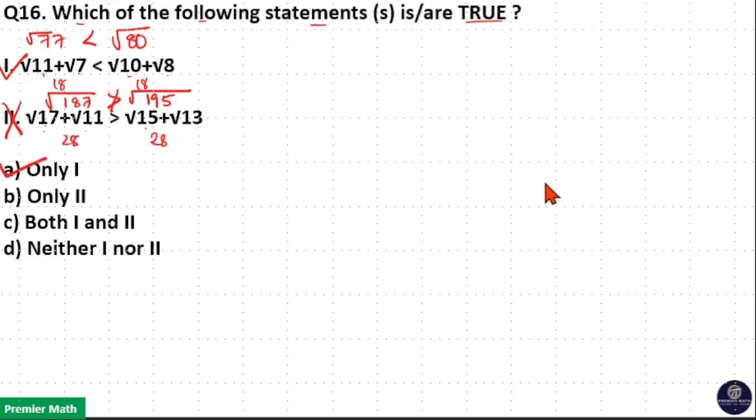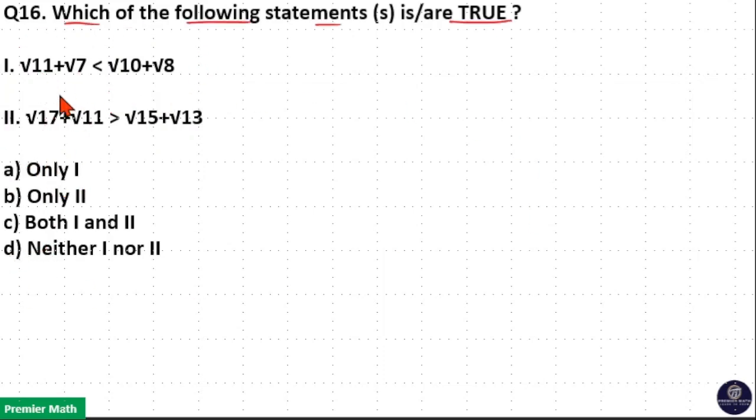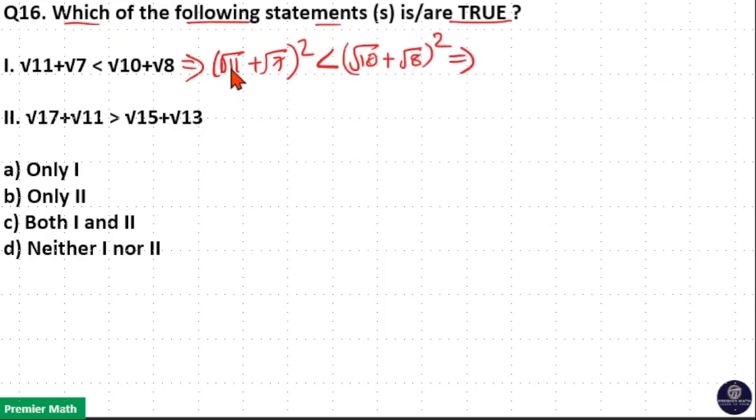Here this is like the concept of squaring both RHS and LHS. That is, first statement becomes root 11 plus root 7 whole square less than root 10 plus root 8 whole square, which means root 11 square plus root 7 square is equal to 11 plus 7, 18, plus 2 into root 11 into root 7.